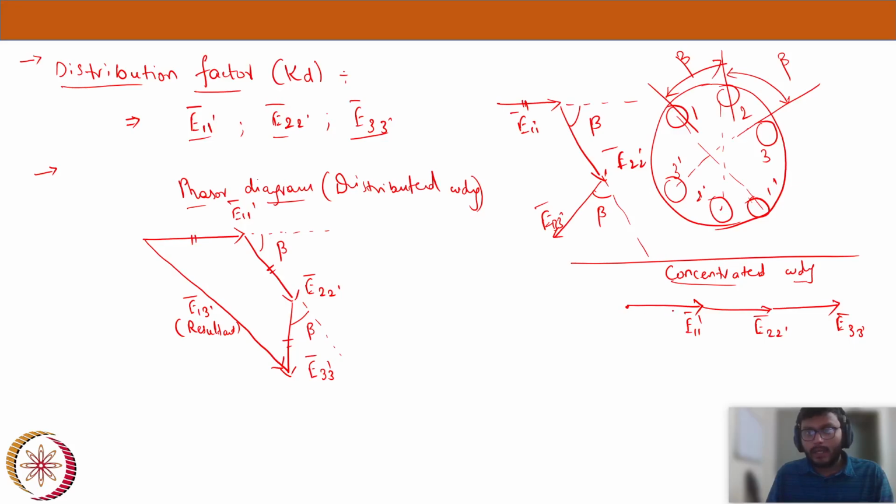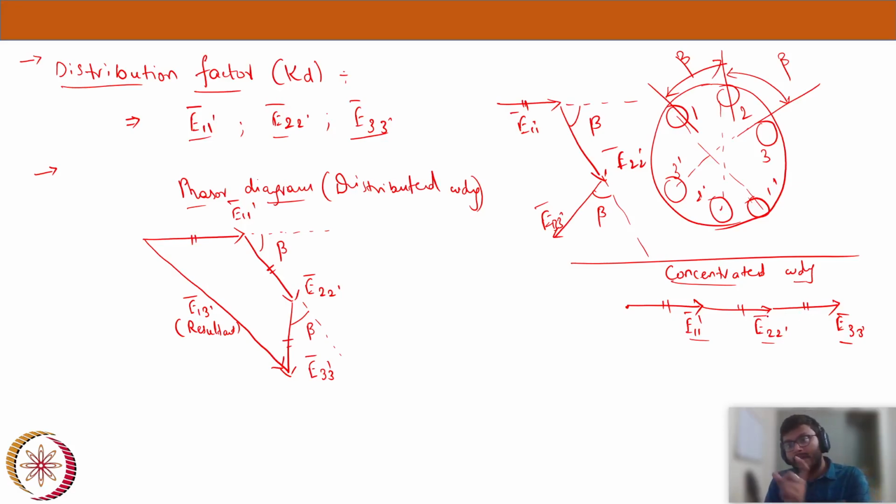This is the starting point, and moreover, these are of the same length. In concentrated winding, the algebraic sum of these three phases' magnitude will be more compared to this case, because here there is an angular displacement, and the resultant here will be of less magnitude.